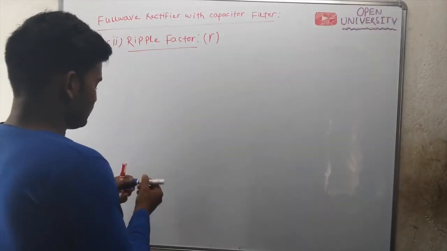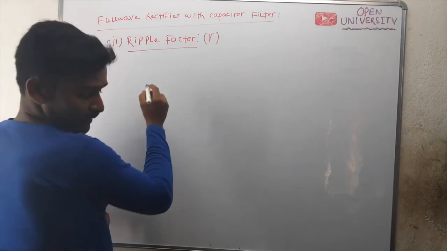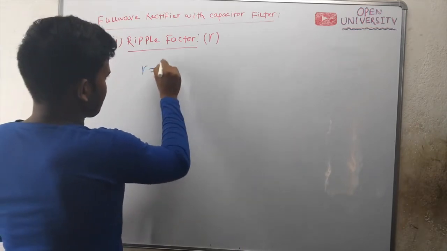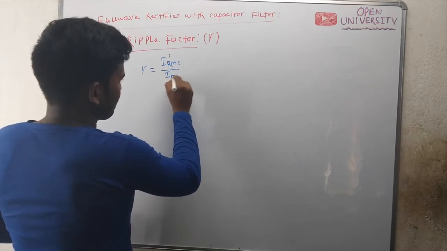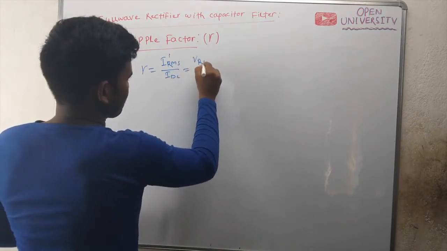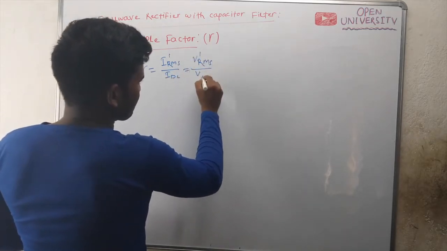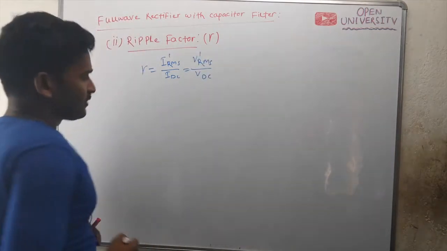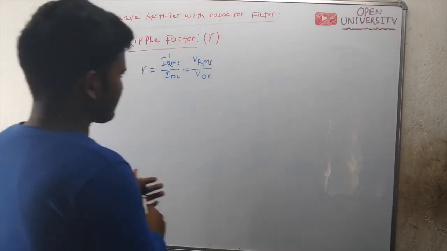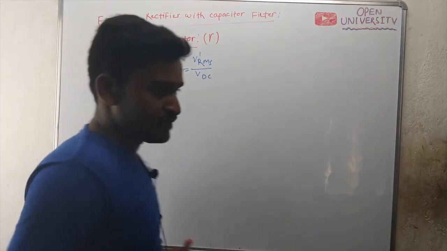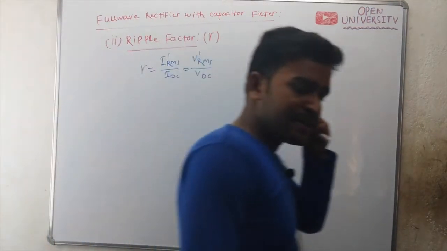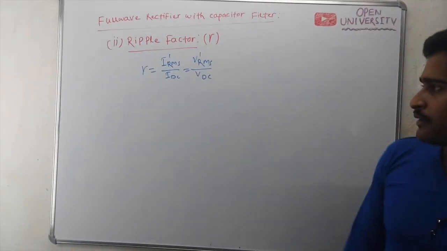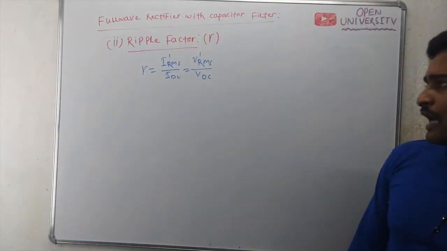So the formula for ripple factor is I RMS dash by IDC, or you can write V RMS dash by VDC. What is this? RMS value of the AC component present in the output. And what is VDC? Average value or DC component of the output.